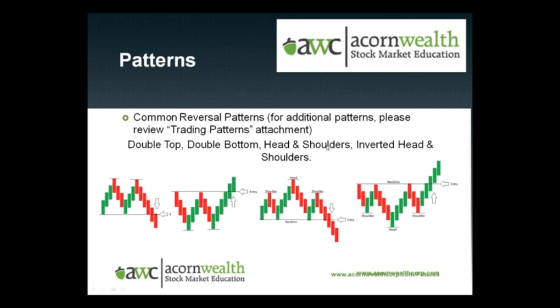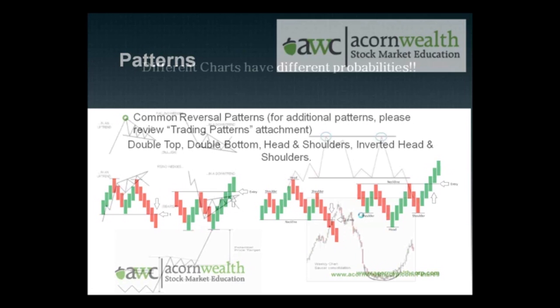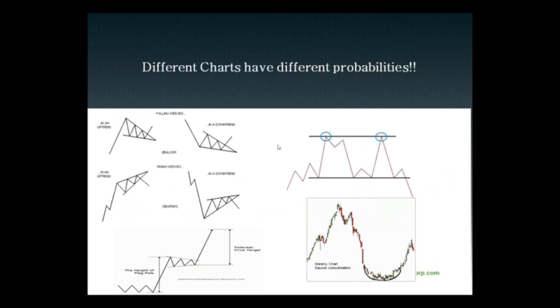Some of the high probability patterns I'll focus on are double tops, W's, head and shoulders, inverted head and shoulders. Every single one has different probabilities. Here are some other ones. Obviously, falling wedges, which are bullish. Rising wedges, which are bearish.